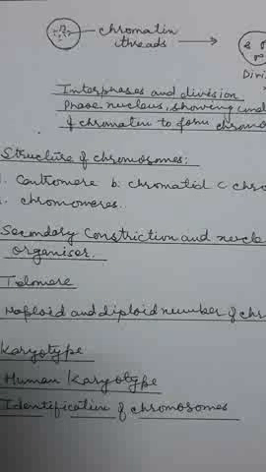In man, secondary constrictions are found in 5 chromosomes: 13, 14, 15, 21 and 22. These chromosomes are called satellite chromosomes because the portion of the chromosome beyond the secondary constriction is called satellite.